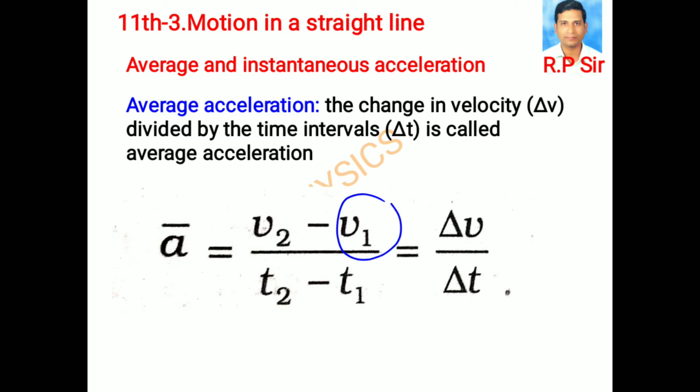If v1 and v2 are velocities of an object at times t1 and t2, then the average acceleration is given by a bar equals (v2 minus v1) by (t2 minus t1), which is equal to delta v by delta t.